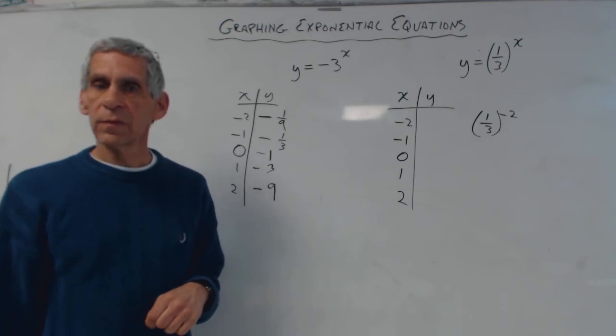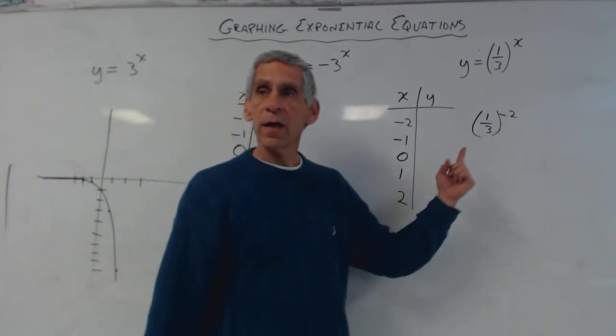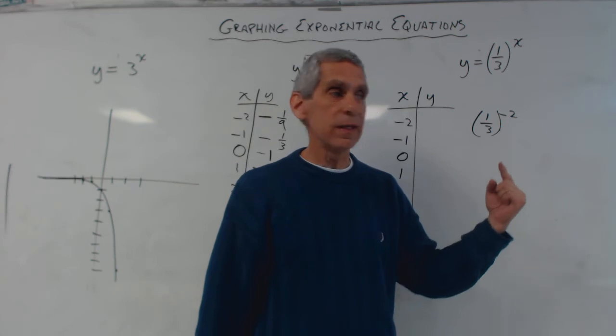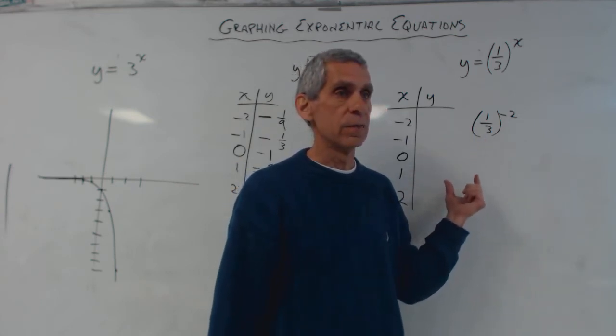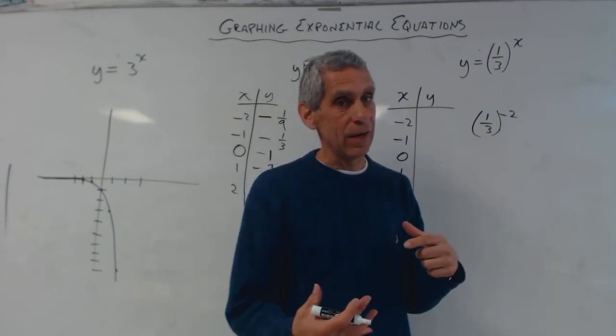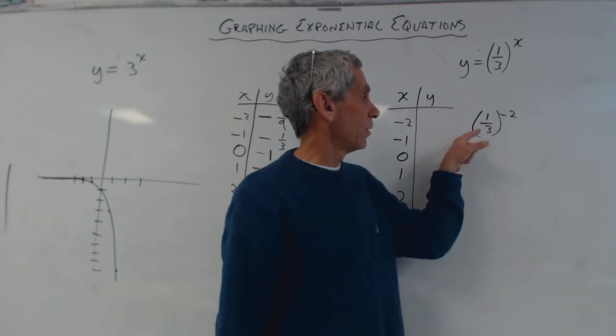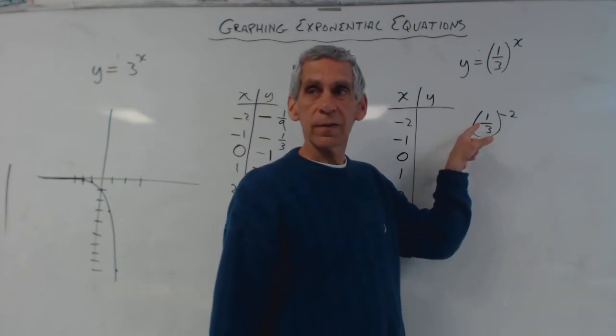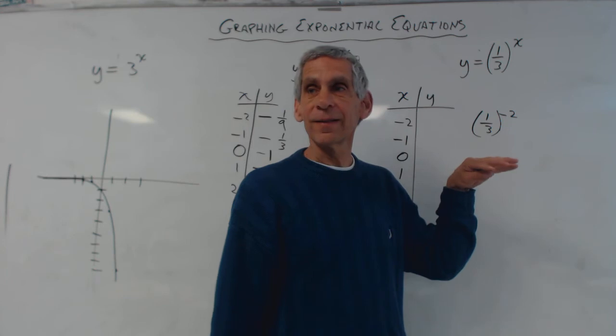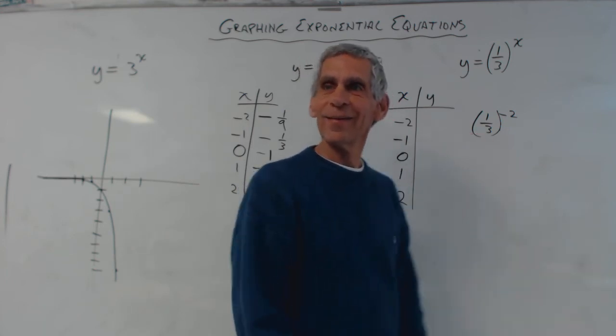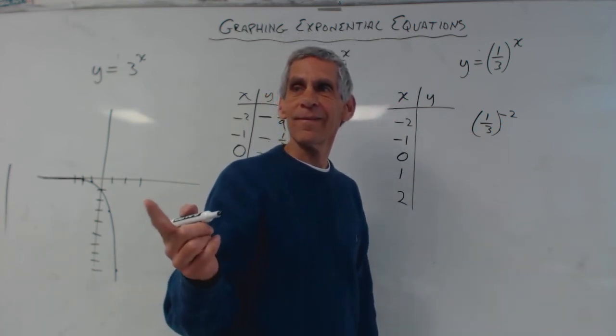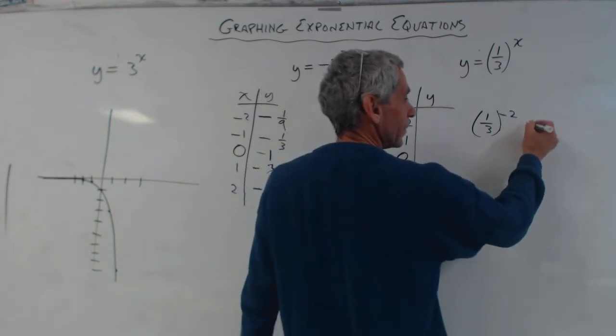A negative exponent does not mean it's going to be a negative value. It's going to be a tiny value, right? However, it's already a fraction, so technically it's the opposite. Since you flip it, it's just going to be 9.